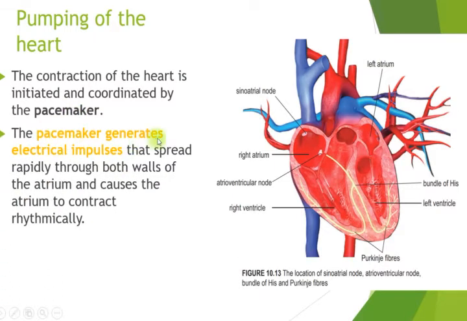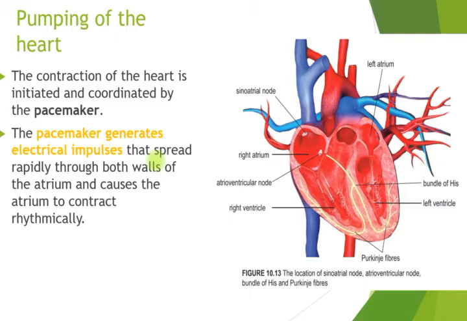The pacemaker generates electrical impulses. So what is the function of the pacemaker? It generates the electrical impulse that spreads rapidly through the walls of the atrium and causes the atrium to contract rhythmically. A pacemaker is a group of specialized cardiac muscle tissue that generates the impulse.